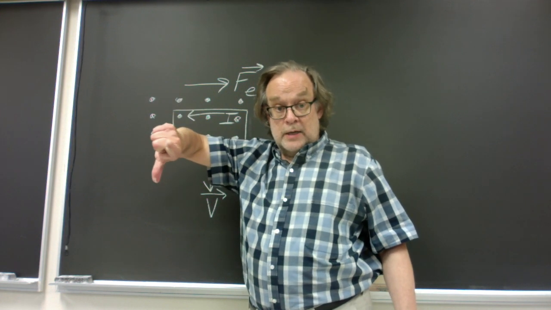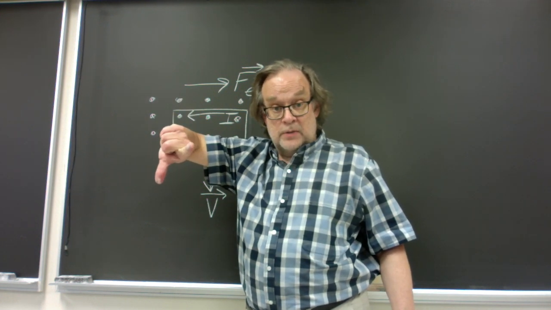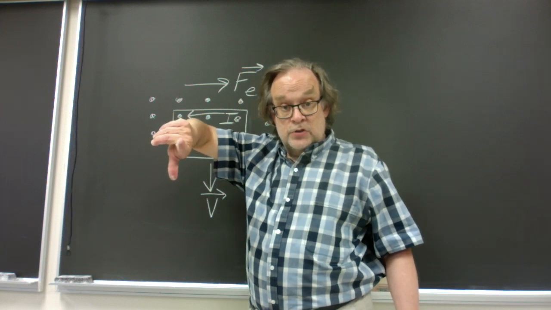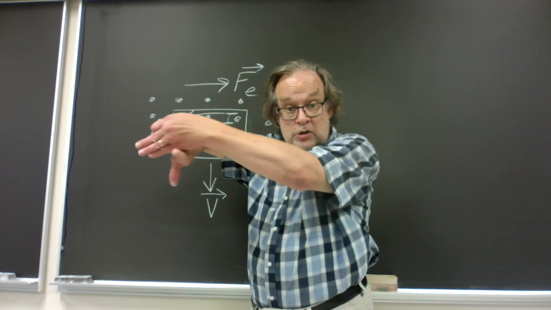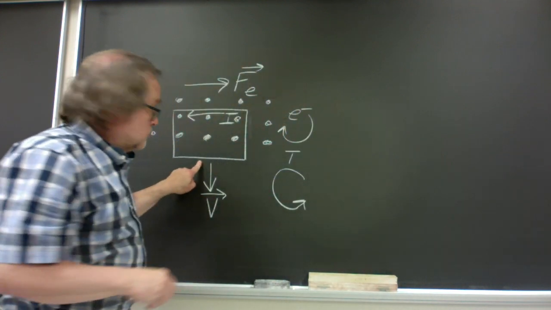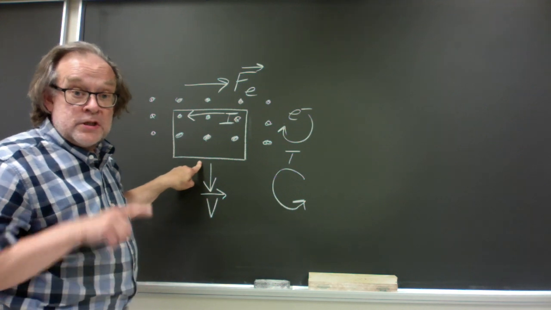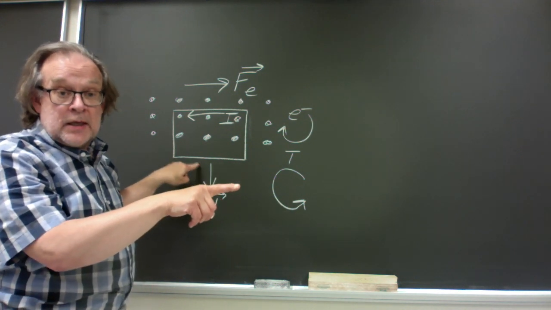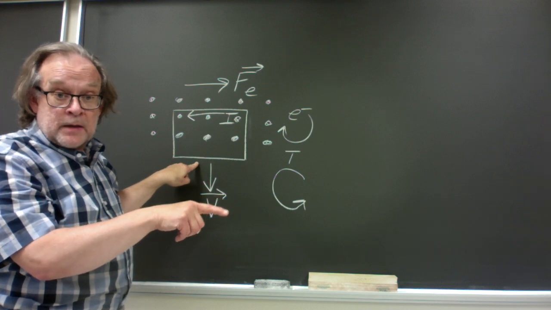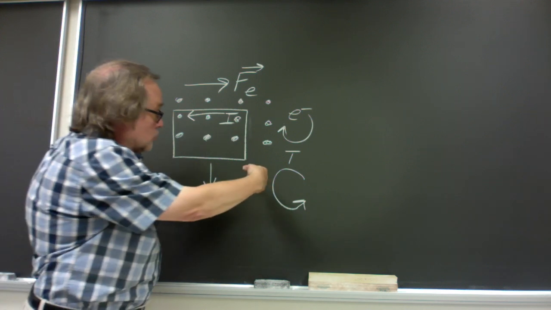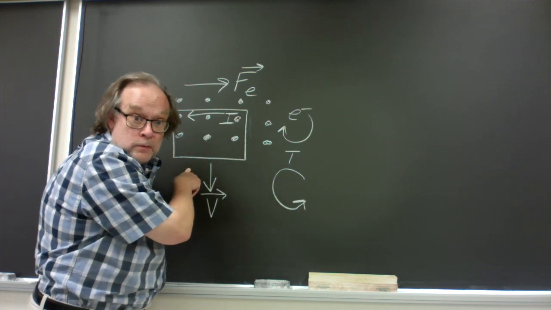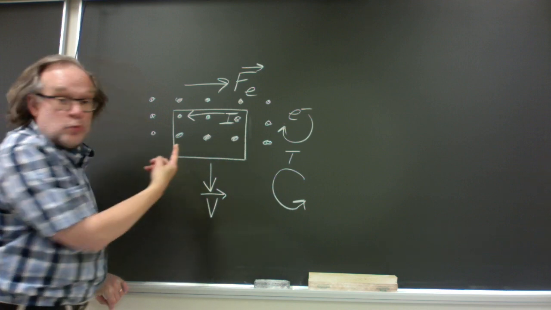Thumb in direction of velocity, index finger in direction of the magnetic field. Rotate the fingers, and that gives you the direction of the force on a positive charge this way. So electrons would feel a force this way. Electrons down here would feel a force to the right if this were in a region of magnetic field. And so there would be conventional current, positive charge, pushed to the left if this were in the region of magnetic field. And what would we have?